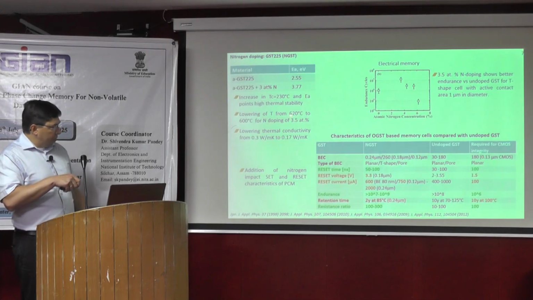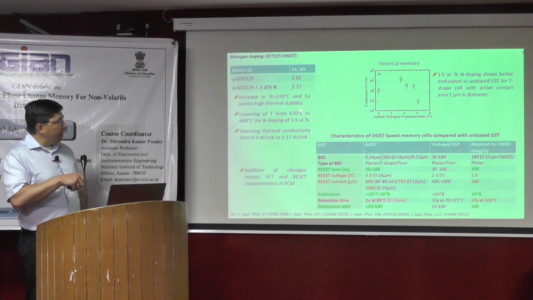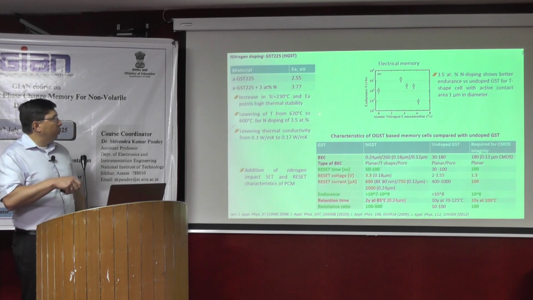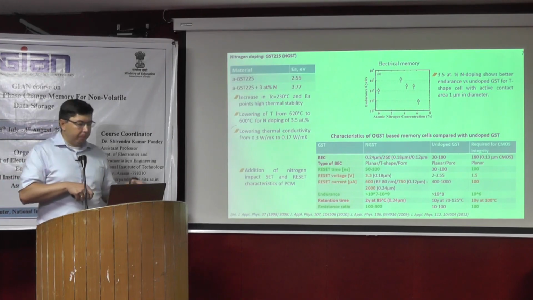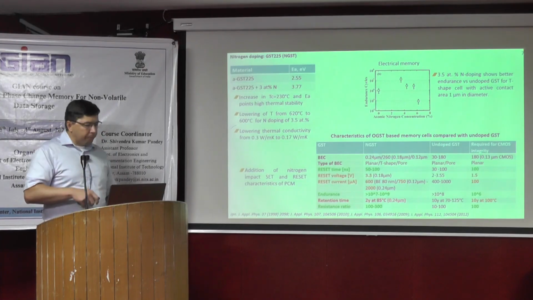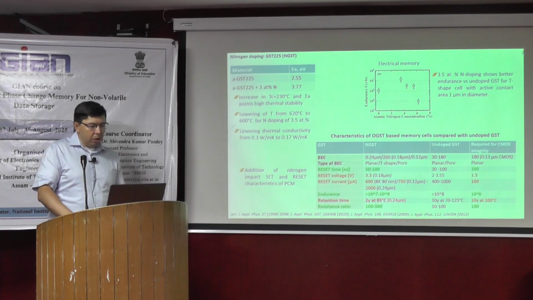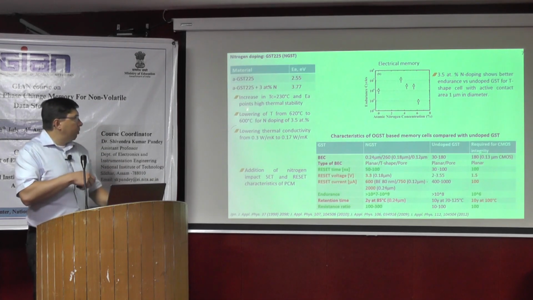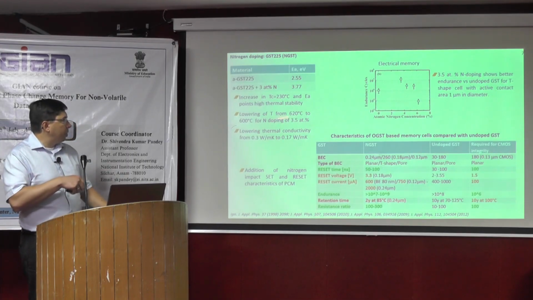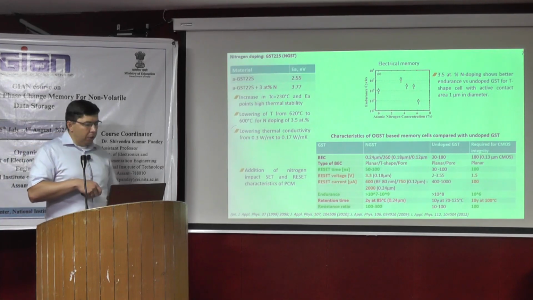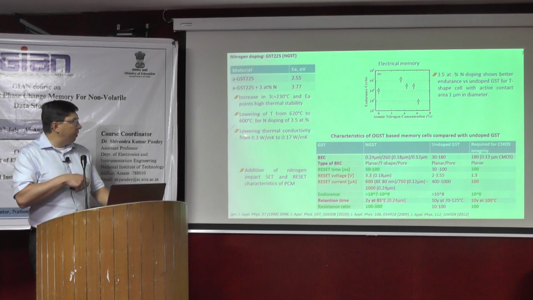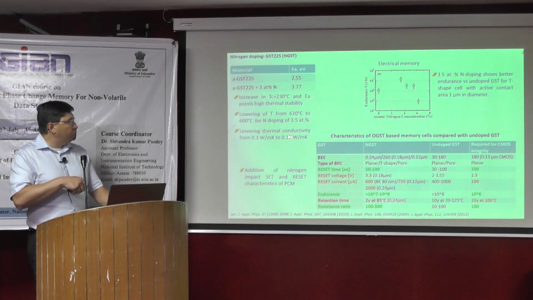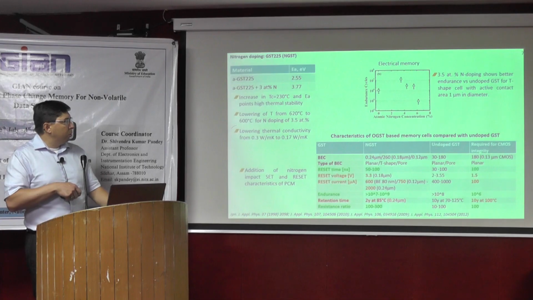For standard GST 225, it's like 620 degrees C, and doping with 3.5 atomic percent of nitrogen lowers the melting temperature to 600 degrees C. This is also an advantage if we want to reset our cell, because we can effectively amorphize this material. It also affects the thermal conductivity. The thermal conductivity of amorphous phases also decreases from 0.3 to 0.2, which is also good.